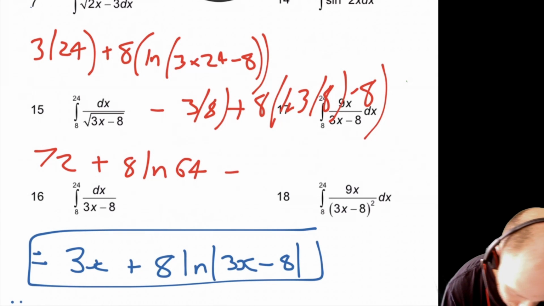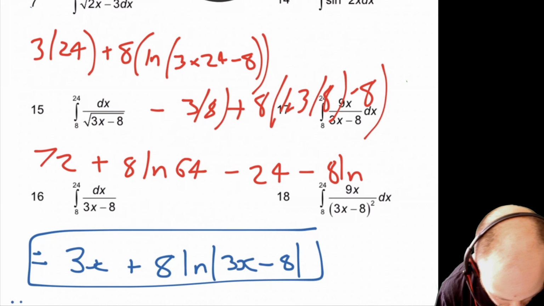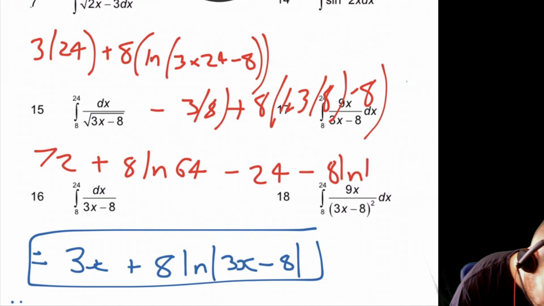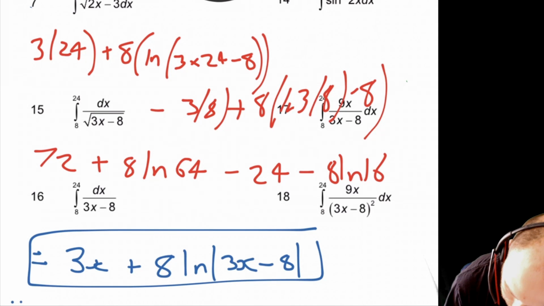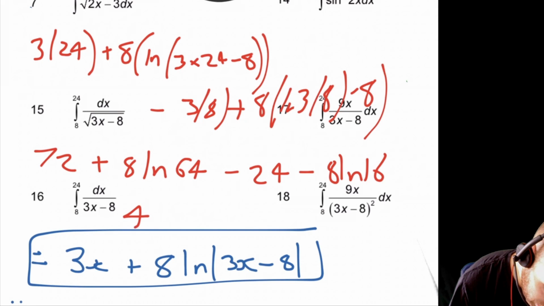minus 24, take away 8 ln 16. So we get 48.